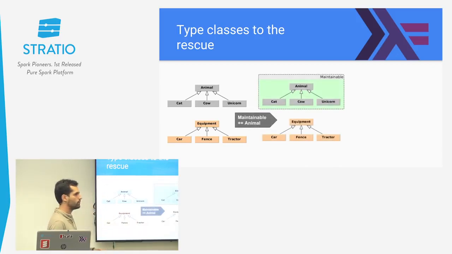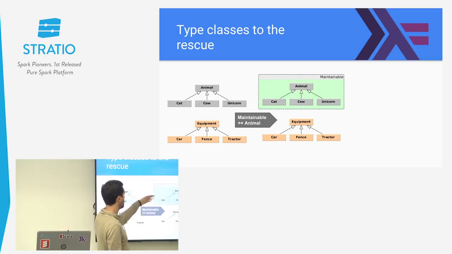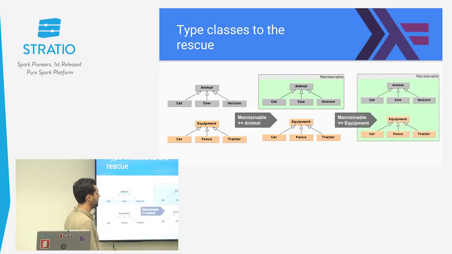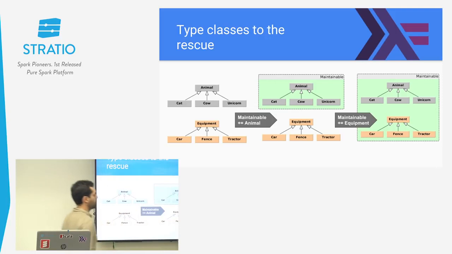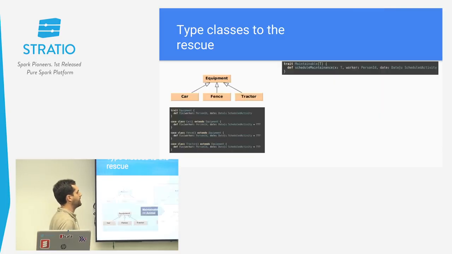You don't have to wait for definition time. Just by invoking an operation, you add that behavior to this type, and it's made in a delayed way. Once you have done it for animals, you can do the same operation with equipment. So you add behavior after definition time. That's the idea behind type classes.